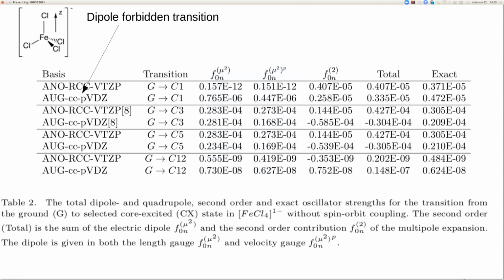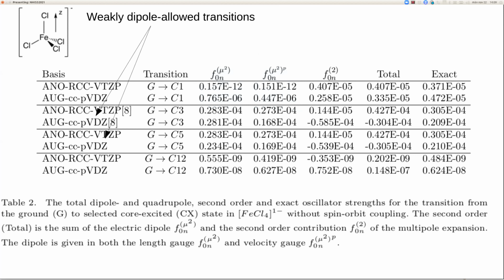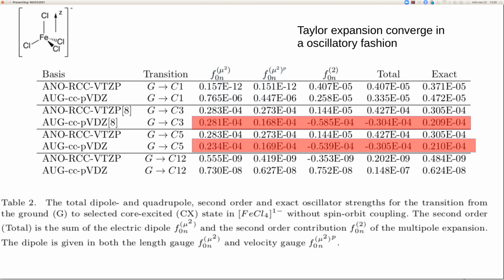So let's start with this transition here, which is a dipole forbidden transition. And I'm doing this with 2 different basis sets. And we see here that things look fairly balanced if I'm using velocity or length representation. If we're going down here to a dipole allowed transition, we now see that very strange things are happening.